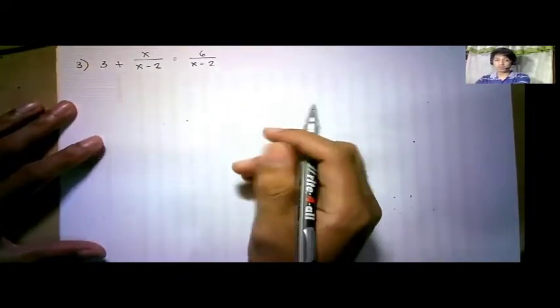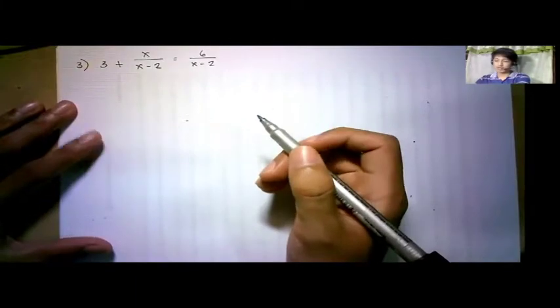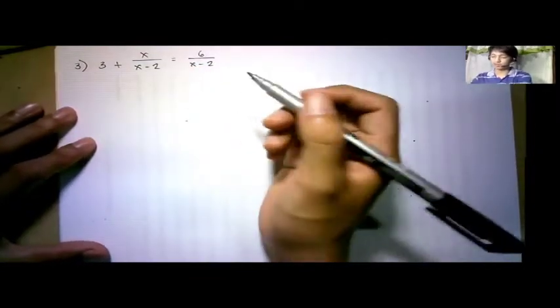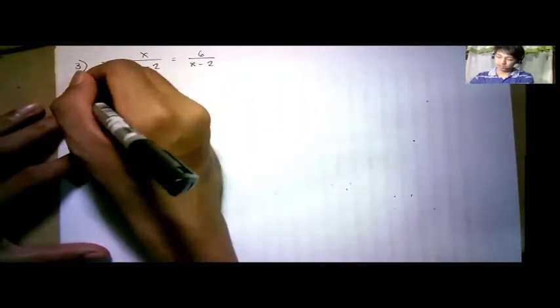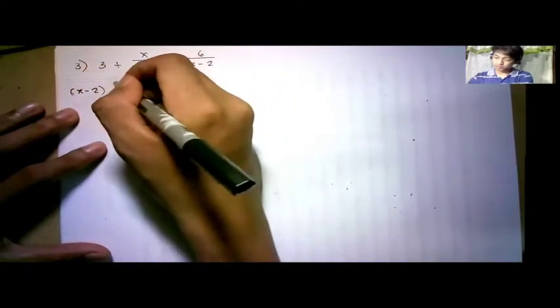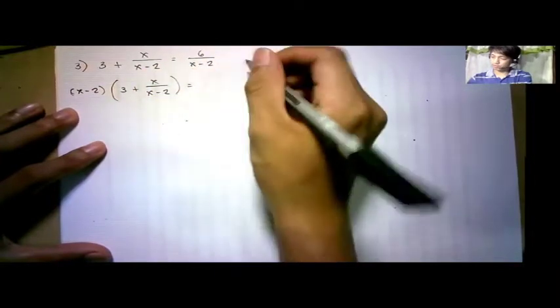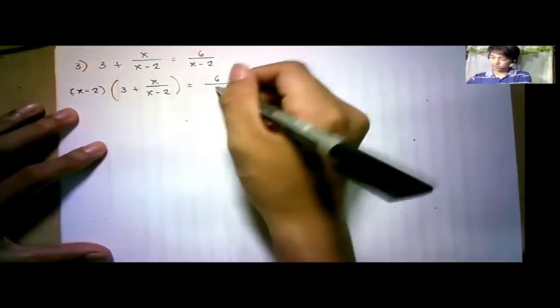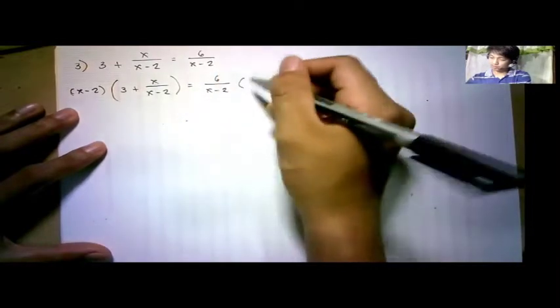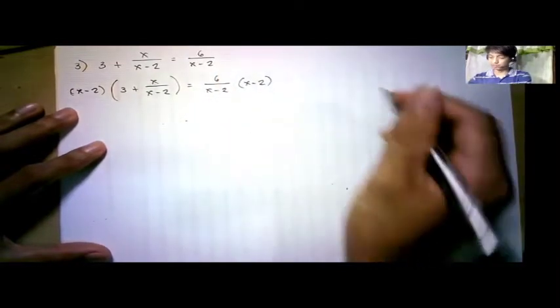So what are we going to do with the LCD? We are going to multiply the LCD to both sides of the equation. So I will show you, since x minus 2 is our LCD, we are going to take x minus 2 times the quantity 3 plus x over x minus 2 is equal to 6 over x minus 2 multiplied by the LCD x minus 2.